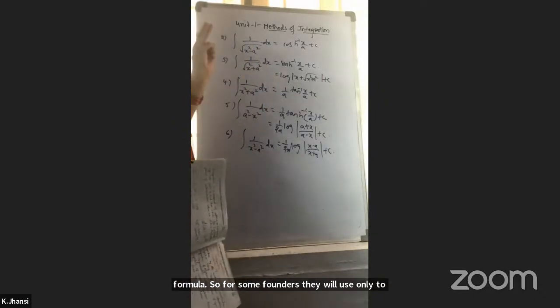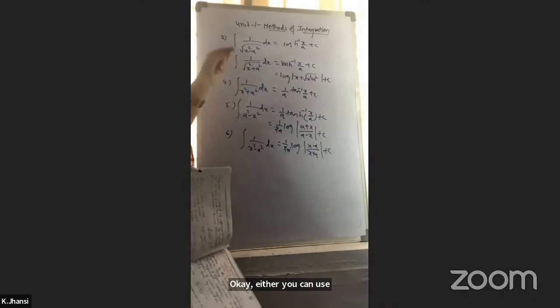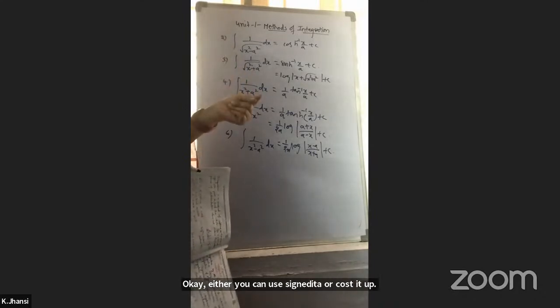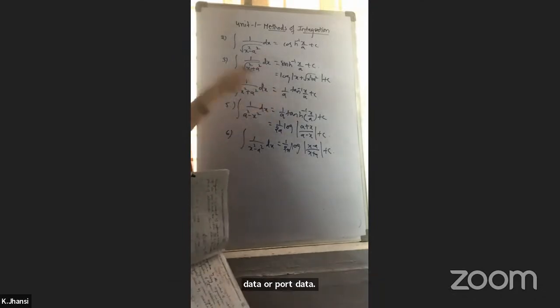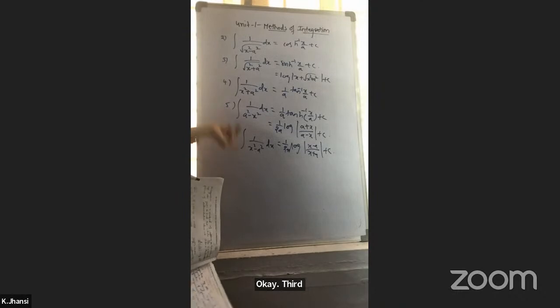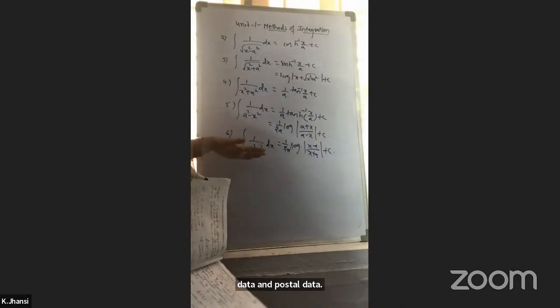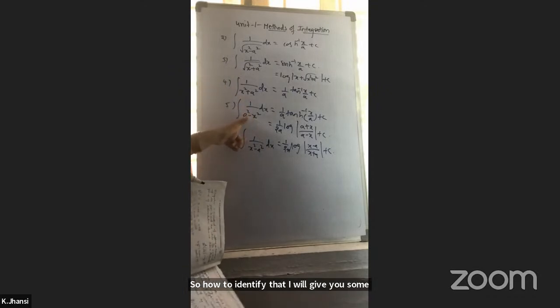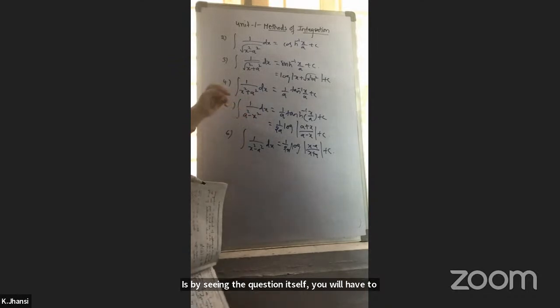For other formulas, you need to substitute tan theta or cot theta. The third case is where you need to substitute secant theta and cosecant theta. So how to identify that? I will give some steps. By seeing the question itself, you have to identify whether to substitute sin theta, tan theta or secant theta. Okay.